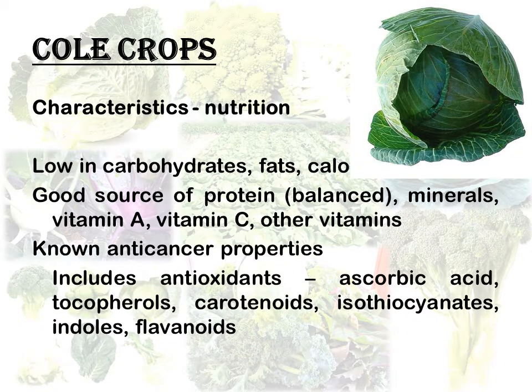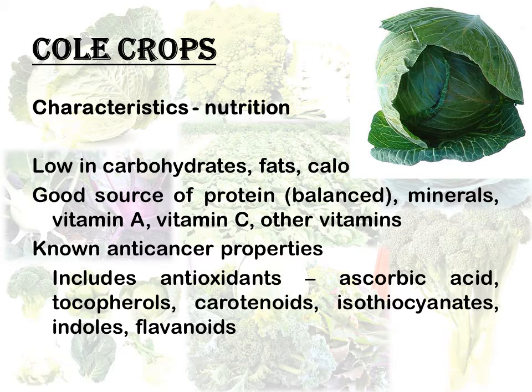Then if you see the nutrition, it has carbohydrates, fats, and is a good source of proteins, minerals, vitamin A, vitamin C, and also has anti-cancer properties because it is rich in antioxidants like ascorbic acid, tocopherols, that is vitamin E, isothiocyanates, and flavonoids.